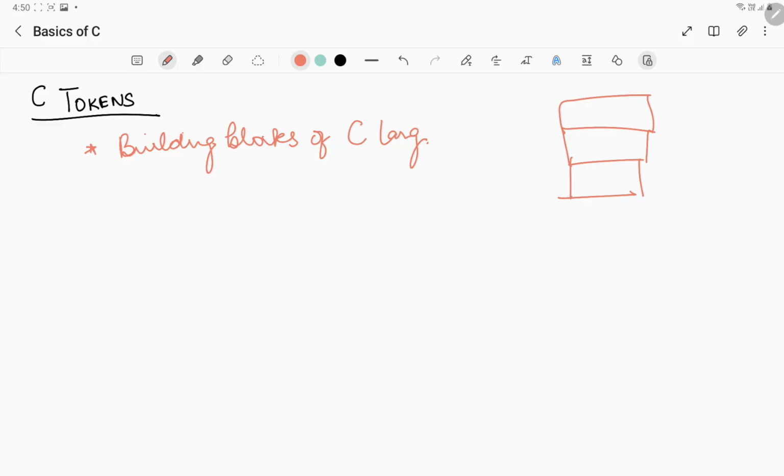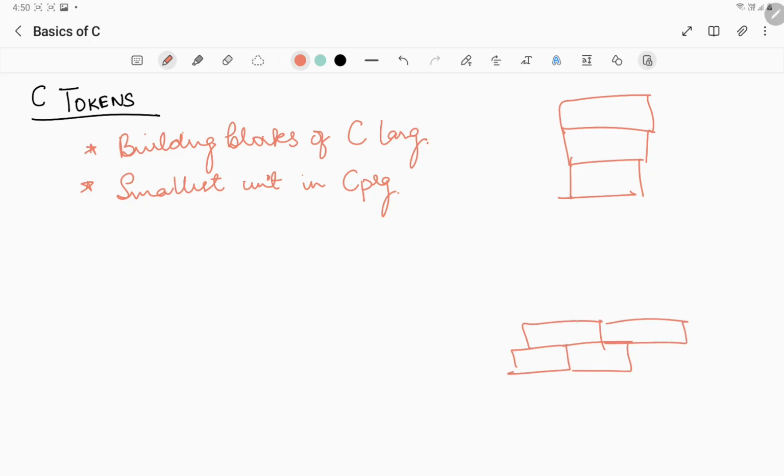Alright, these are like the smallest individual unit in a C program. This means that a C program is constructed with these blocks. Think of it like construction blocks. Alright, it is constructed with these blocks.